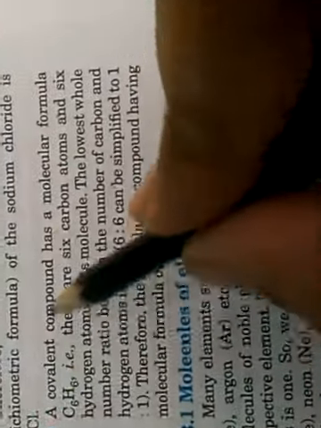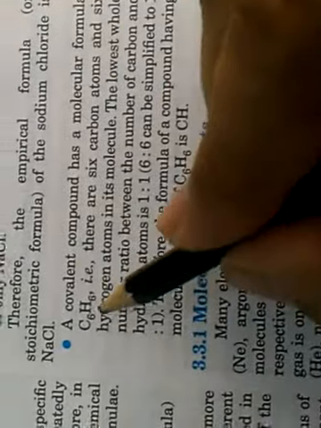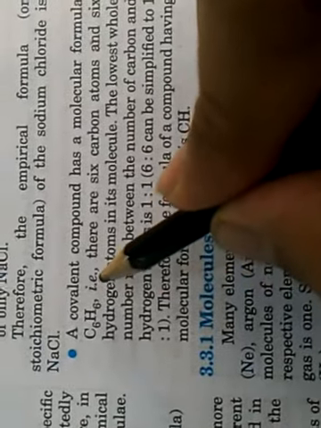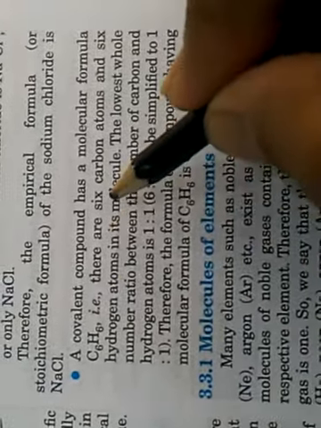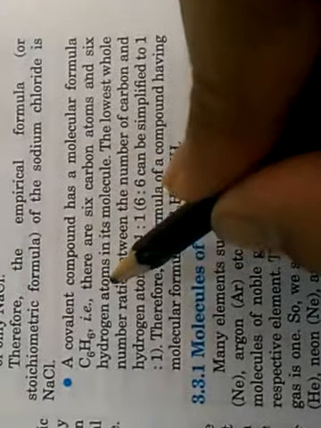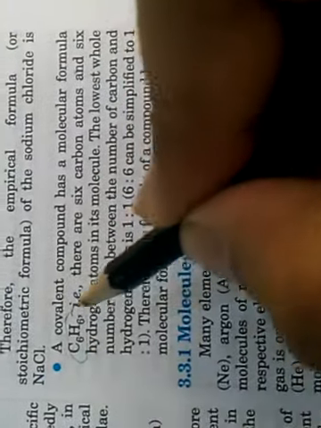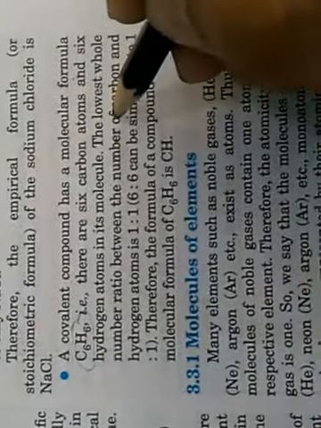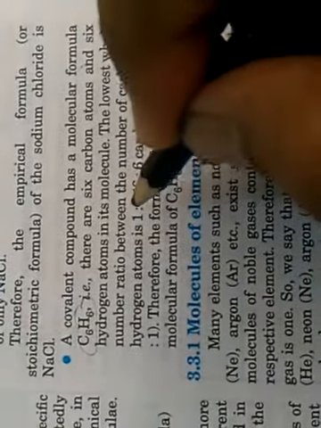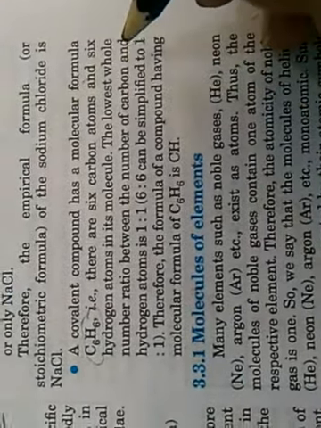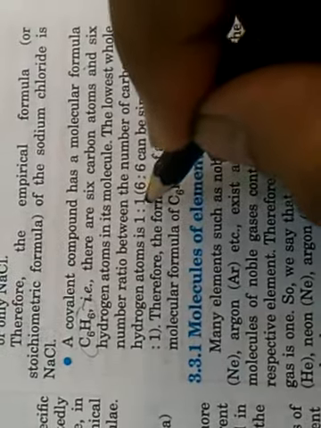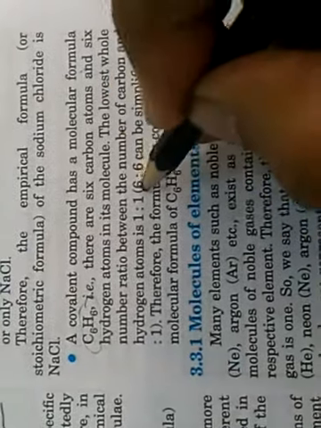A covalent compound has a molecular formula C6H6. That means it has 6 carbon atoms and 6 hydrogen atoms in its molecule. This is the formula of benzene, about which we will study in higher classes. The lowest whole number ratio between the number of carbon and hydrogen atoms is 1:1, from 6:6 when simplified.